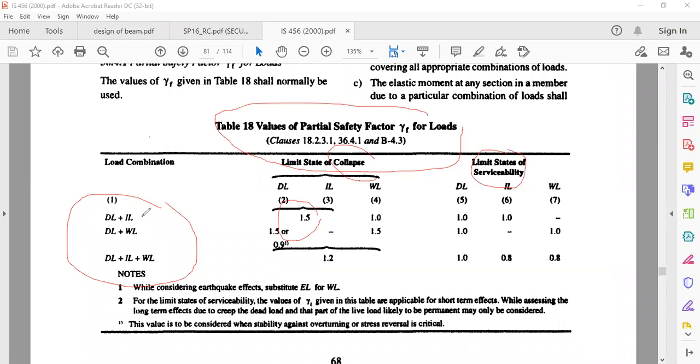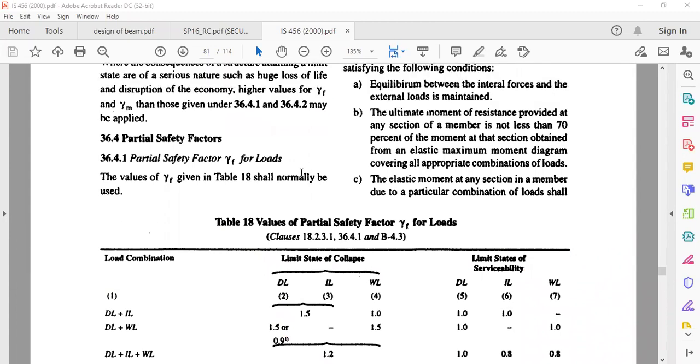DL is dead load, IL is imposed load, and then there is WL, the wind load. While considering earthquake effect, substitute EL for WL, so either EL or WL is considered. You can take the reference of table number 18 to get the partial safety factor for load.